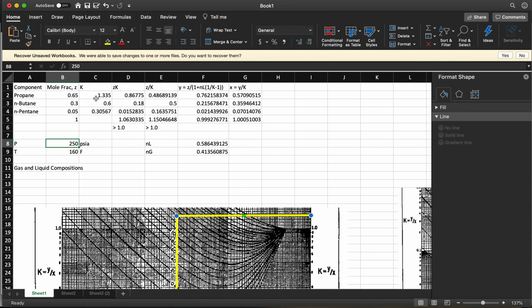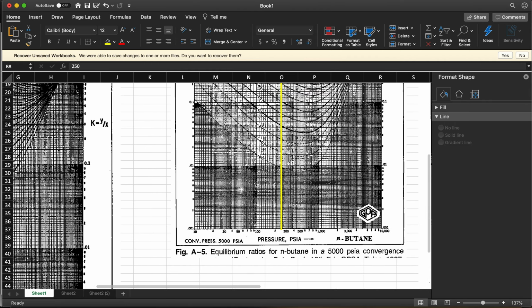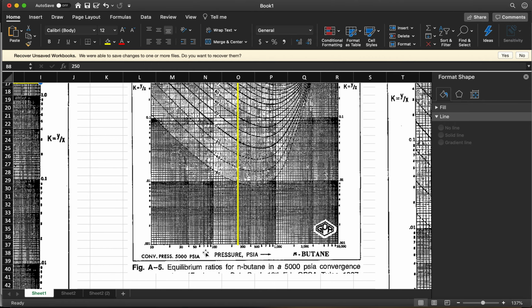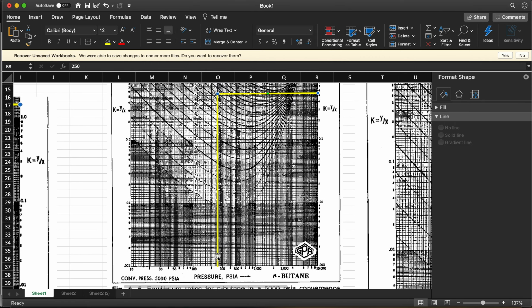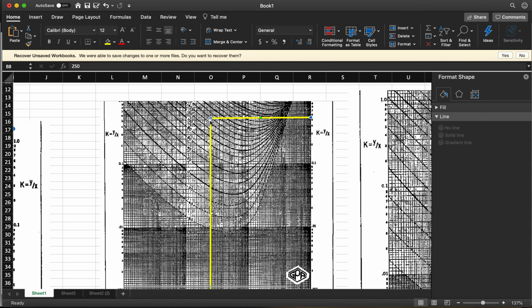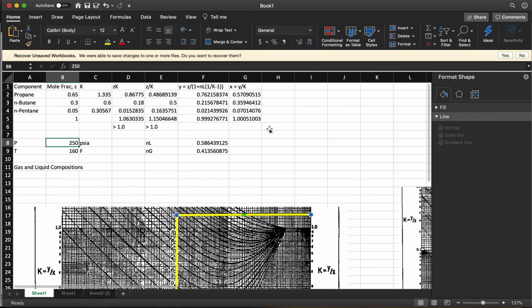So there's that value, and then you need to find a K factor for butane. You go to the butane chart, which is A-5, same deal: 250 psi, come up to the 160 Fahrenheit line, come over here. We're at basically 0.55 or something like that.